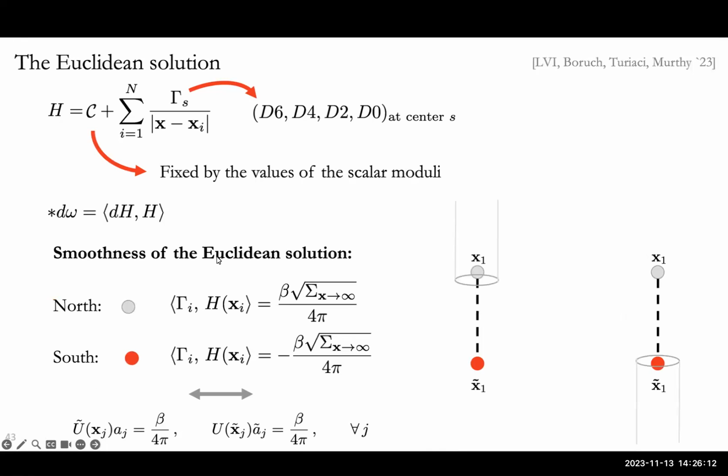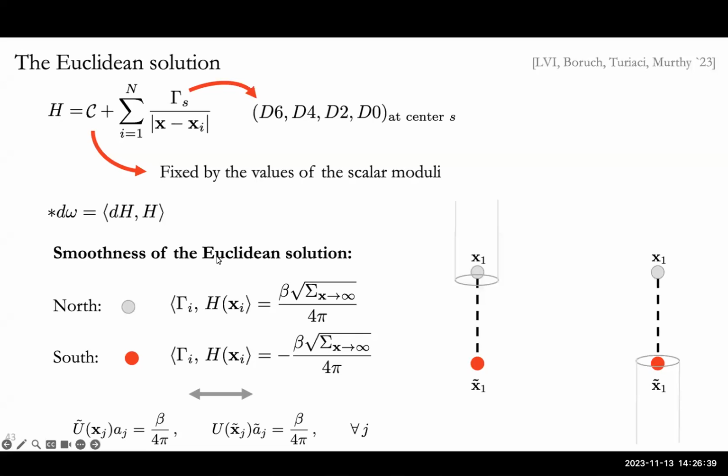Okay, so what changes in Euclidean signature? Let's repeat the analysis that we did for the Israel-Wilson metric for these more complicated solutions of supergravity. Well, just like in the Israel-Wilson case, the smoothness condition changes. So the intersection product between gamma and h is no longer 0, but is instead beta dependent.